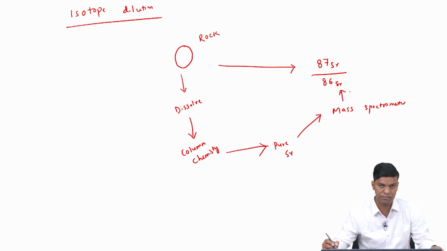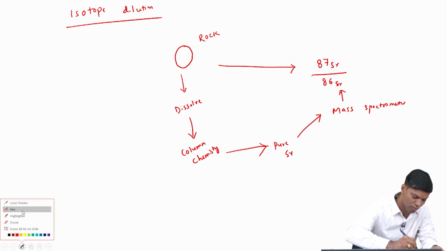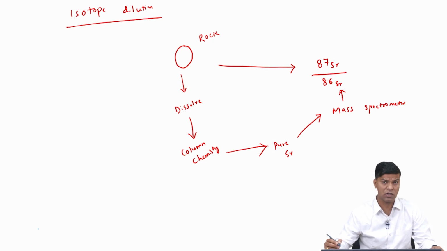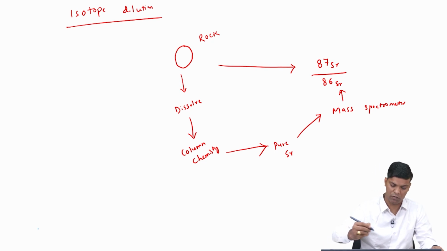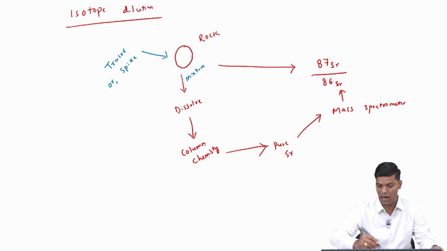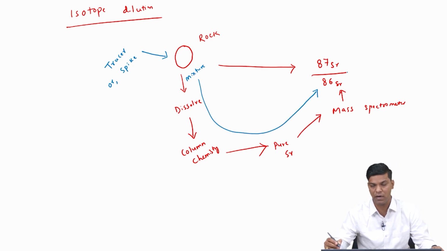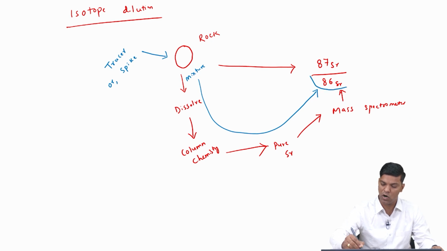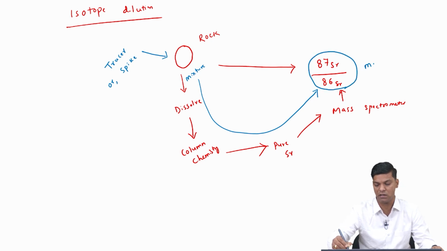Now, in case of isotope dilution, what we will do, we will add a tracer or spike, and rather than dealing with the rock, now we will deal with a mixture, and the same process will be followed, where you will measure 87 by 86 strontium, but this is not for your sample now, it is for the mixture.